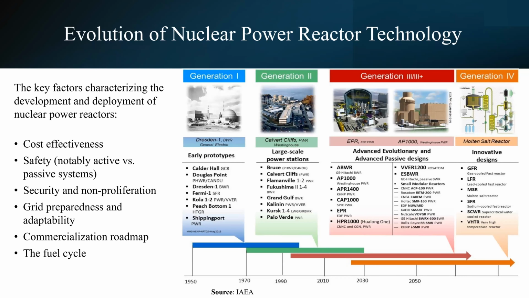There are generation 1, the old nuclear reactors, and generation 2, still old. Nowadays we have generation 3, including small modular reactors, and the advanced reactors, which supposedly we will have within the next decade, called generation 4.